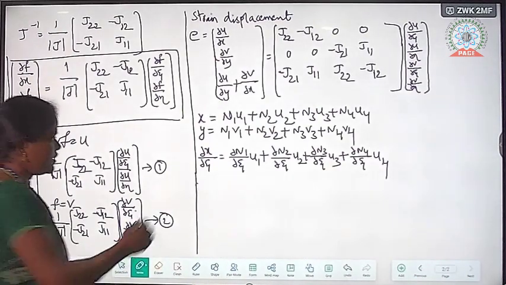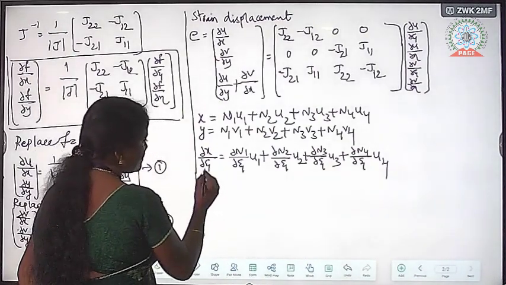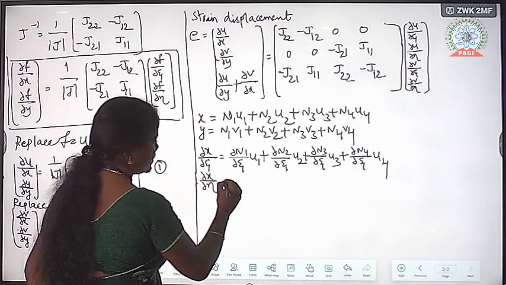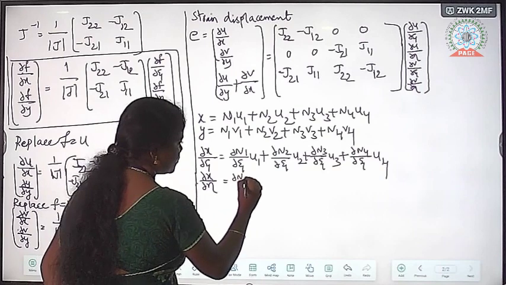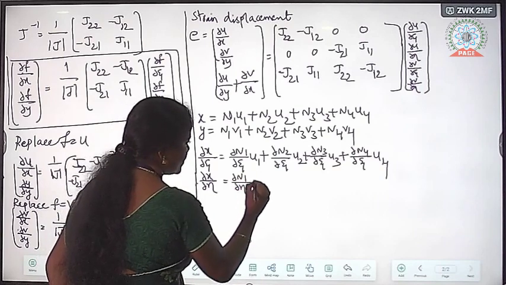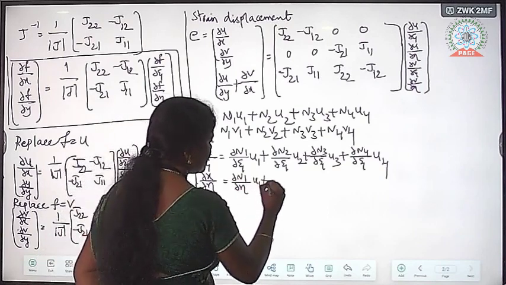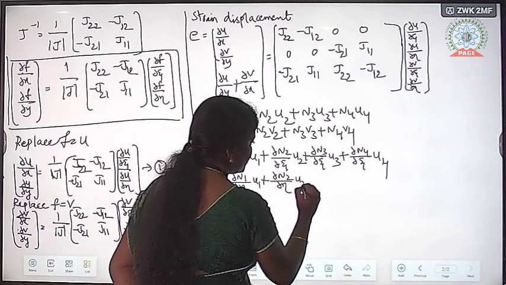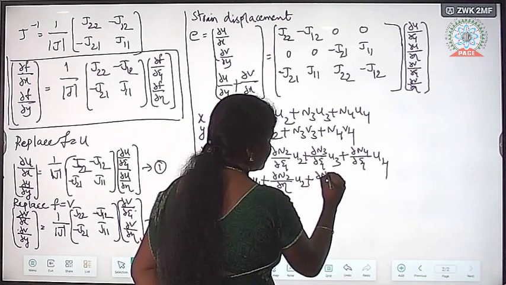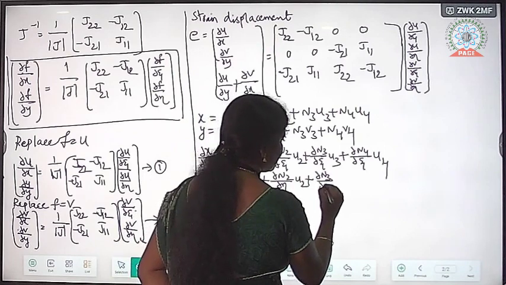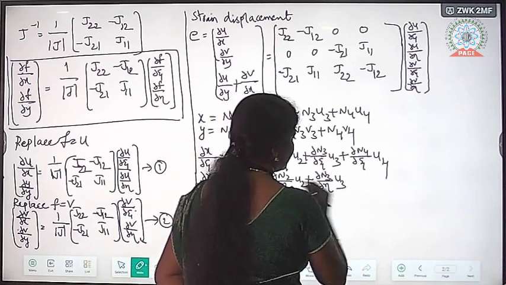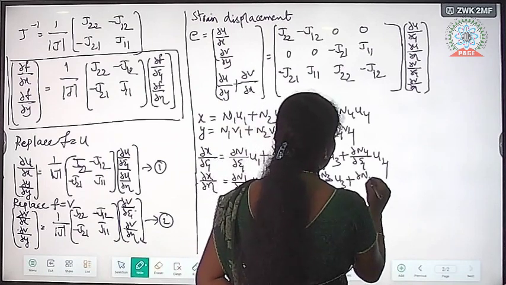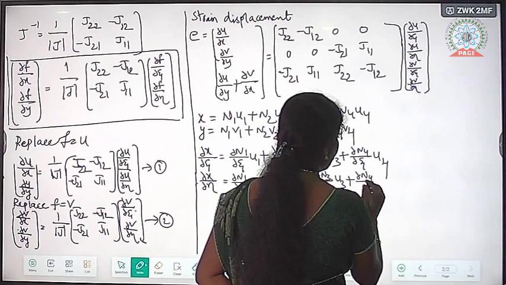Next, similarly for the eta parameter, dou x by dou eta is equal to dou N1 by dou eta into u1 plus dou N2 by dou eta into u2 plus dou N3 by dou eta into u3 plus dou N4 by dou eta into u4.